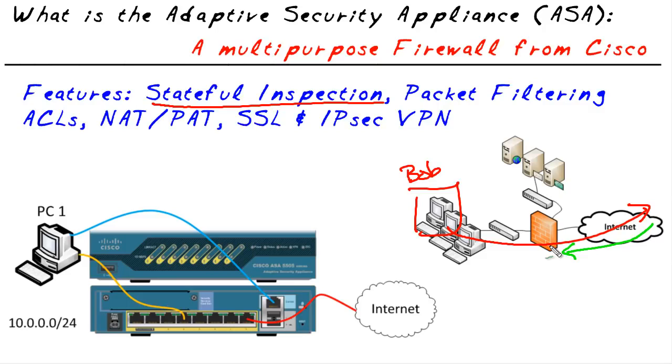It exactly matches what Bob's expecting as a reply, and it dynamically makes an exception and lets that return traffic come back in. That way we can have tens of thousands of users all going out to the internet, dynamically allowing all the return traffic, and at the same time, we're stopping any traffic that's initiated on the outside from coming in. That, my friends, is a very amazing feature called stateful inspection that the ASA does terrifically well.